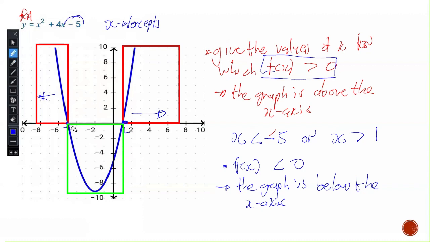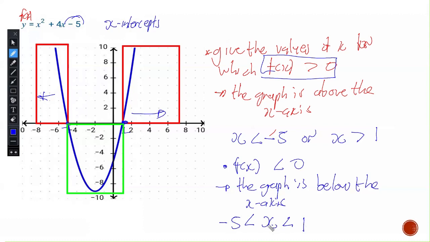So it's in between -5 and +1. But how do we write that in terms of intervals? We'll say when x is greater than -5, but x is less than +1. So this is how you write it, and this is how you read it: when x is greater than -5, but x is less than 1.